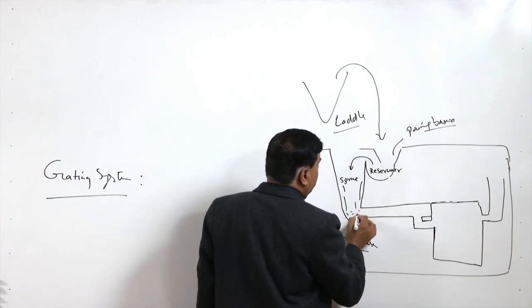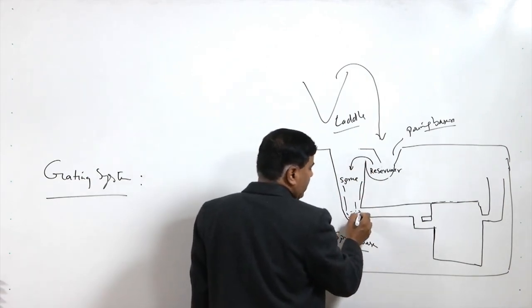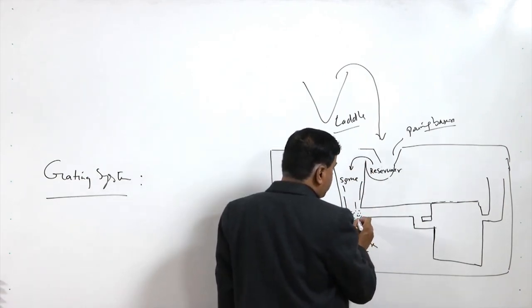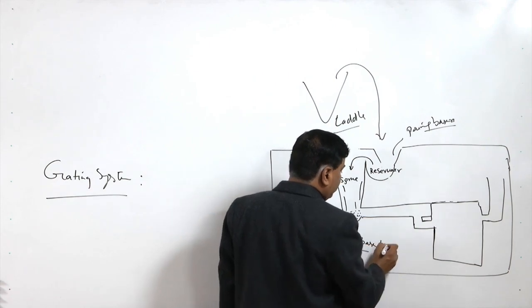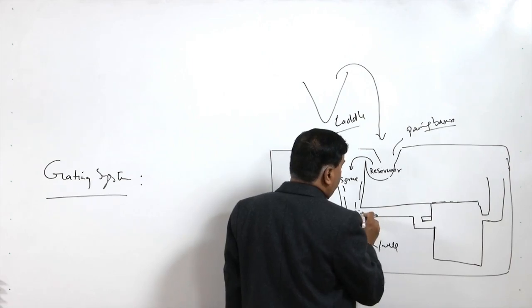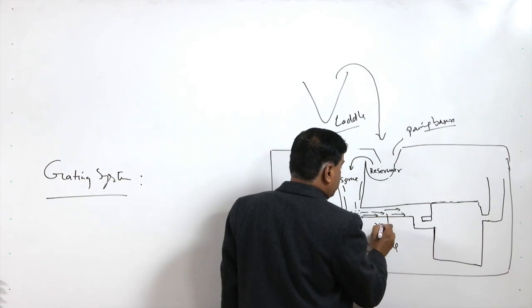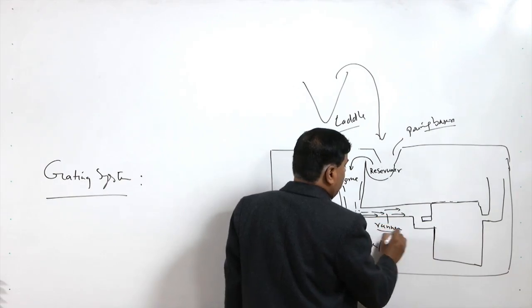So, this is another reservoir which is created. The molten metal reaches the sprue base or sprue well, and then there will be a change in direction for the flow of the molten metal into the runner. So, this is basically a runner.